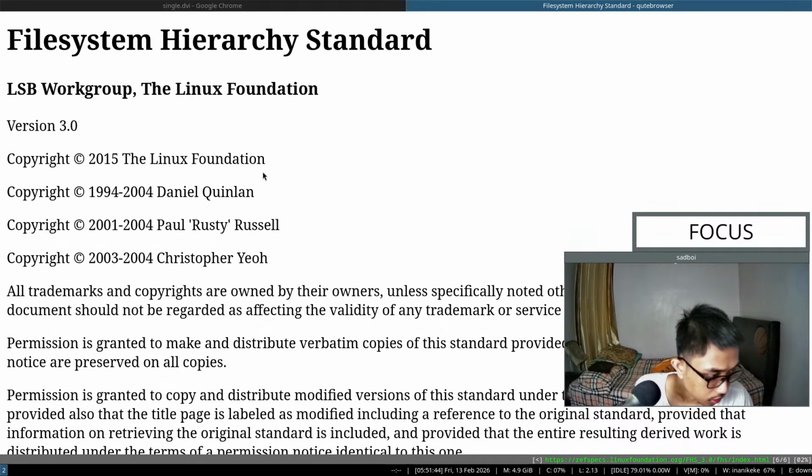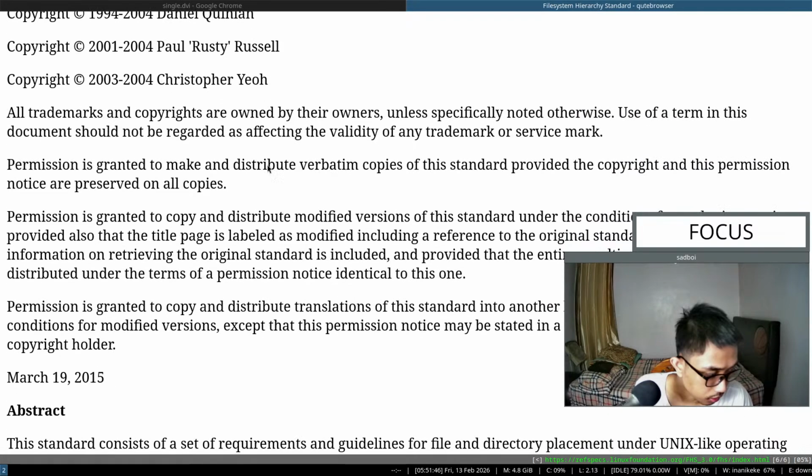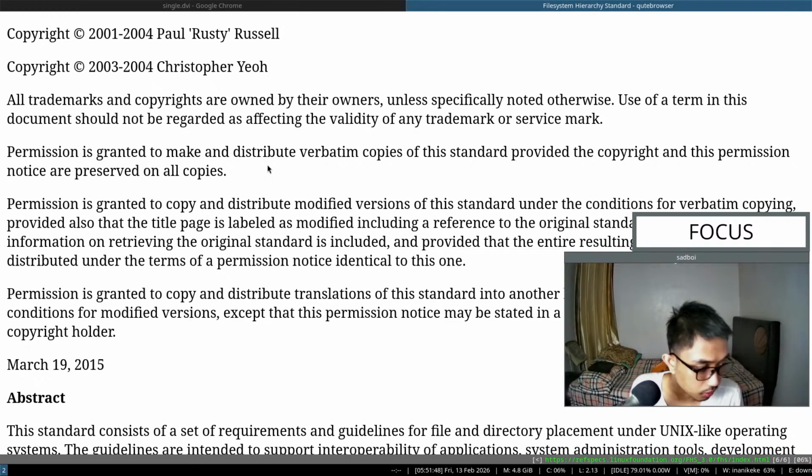I heard that in Linux everything is a file. Yeah, as far as I understand, that is the case.